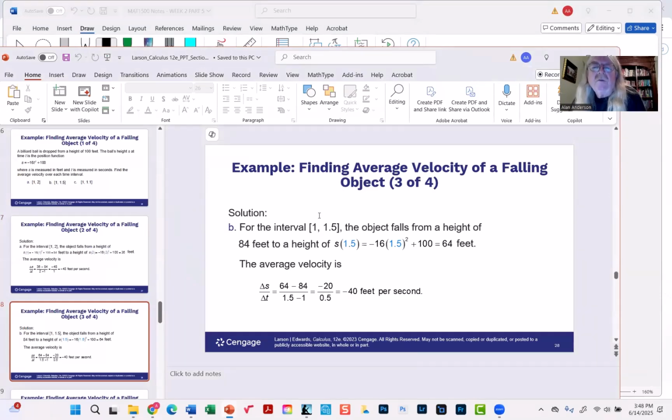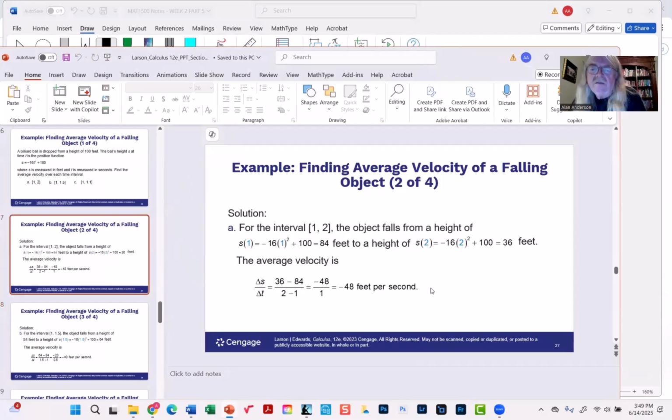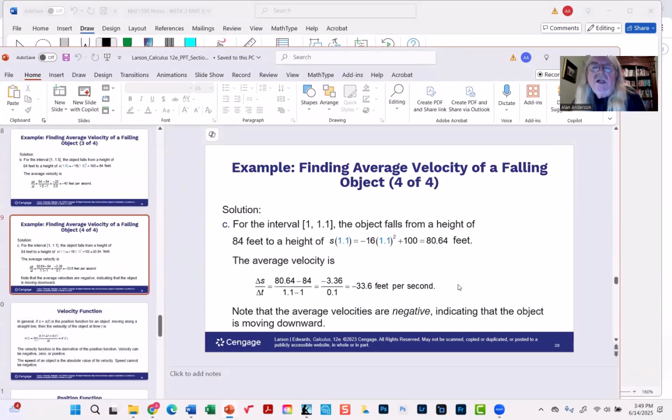If we do the same thing for 1.5, you can see that it's going to be negative 40. And then from 1 to 1.1, negative 33.6. And yes, these are all negative because the object has fallen to the ground.